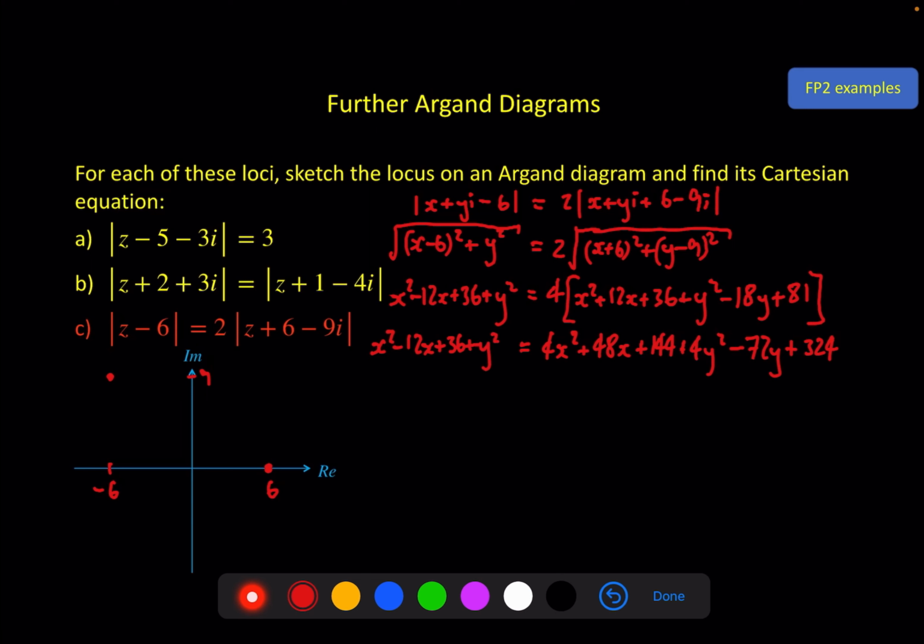Now we need to collect them and put them into a circle equation format. And again, we're fortunate that all of these numbers will divide by 3, which makes it much easier. And then complete the square.